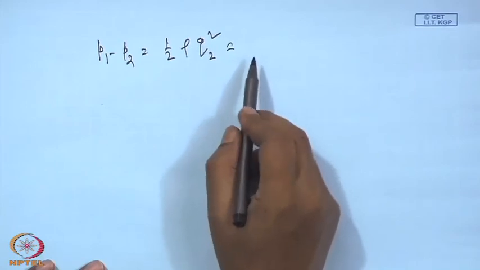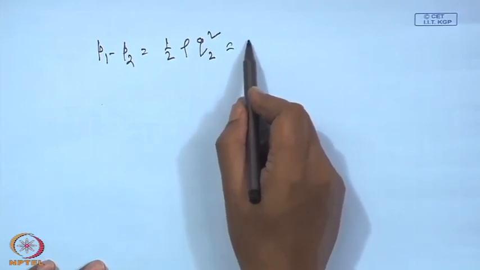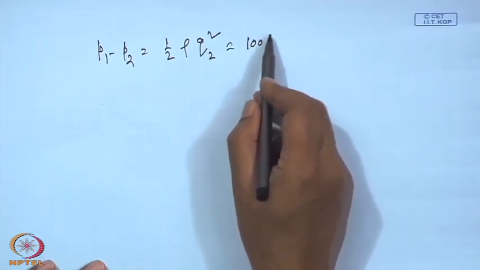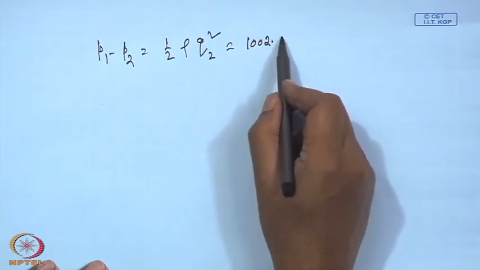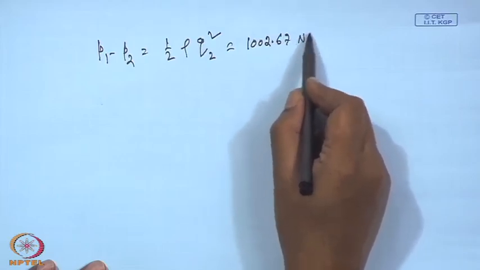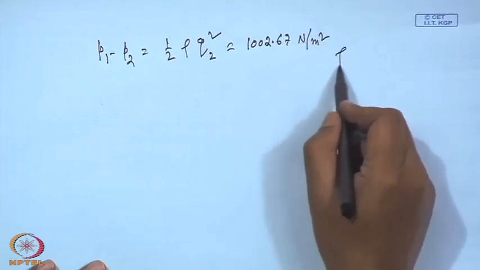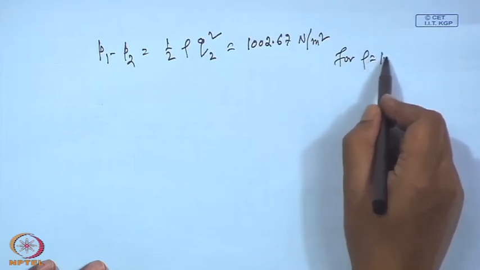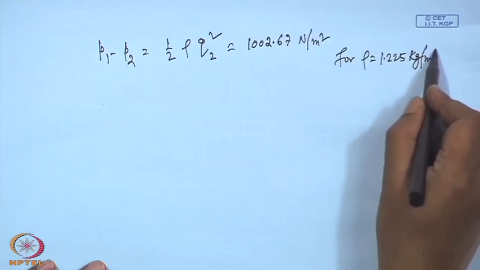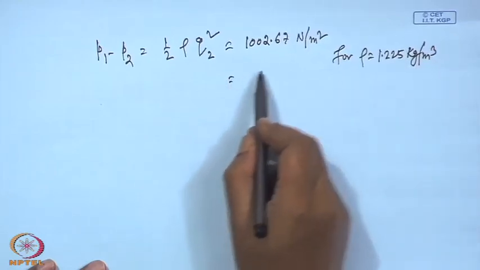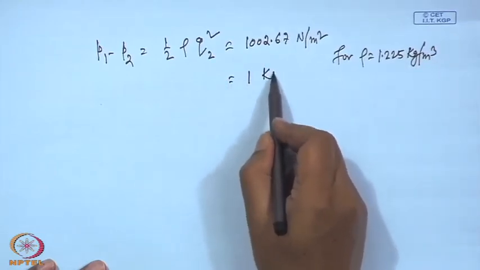Otherwise, you can leave it in terms of rho, it does not matter. But using that 1.225, this happens to be practically 1 kilopascal, approximately 1 kilopascal.